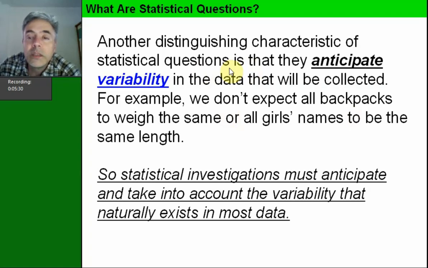So a statistical question anticipates variability in the data that will be collected. For example, we don't expect all backpacks to weigh the same or all girls' names to be the same length. So statistical investigations must anticipate and take into account the variability that naturally exists in most data.